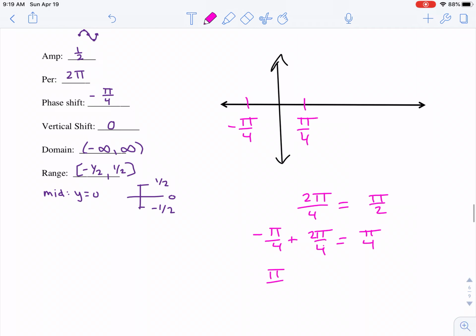I'm going to keep going, pi over 4 plus, I'm going to keep adding that interval of 2 pi over 4. I may as well leave it as 2 pi over 4 so that we keep that common denominator. So now I have pi over 4 plus 2 pi over 4 to get 3 pi over 4.